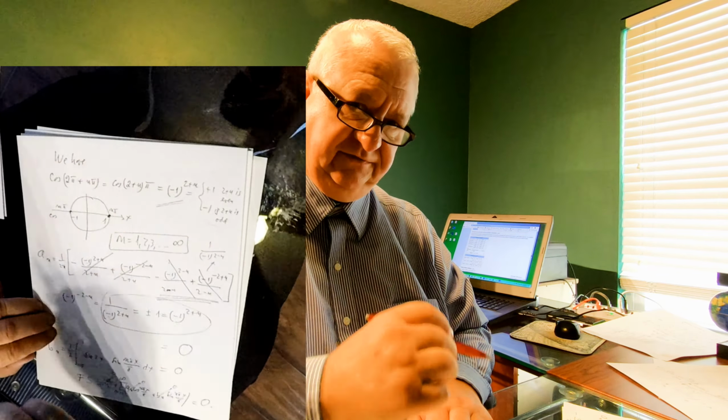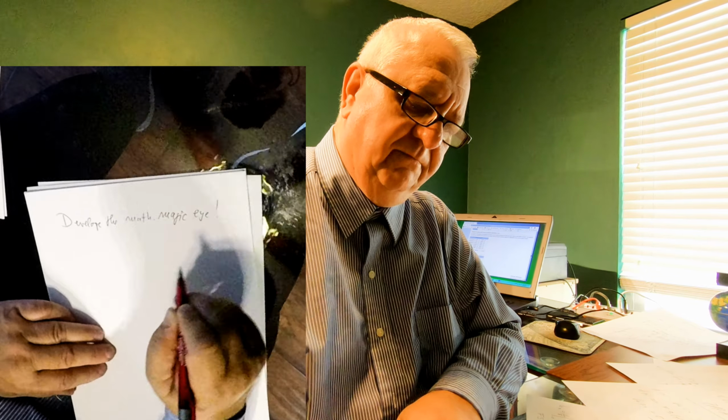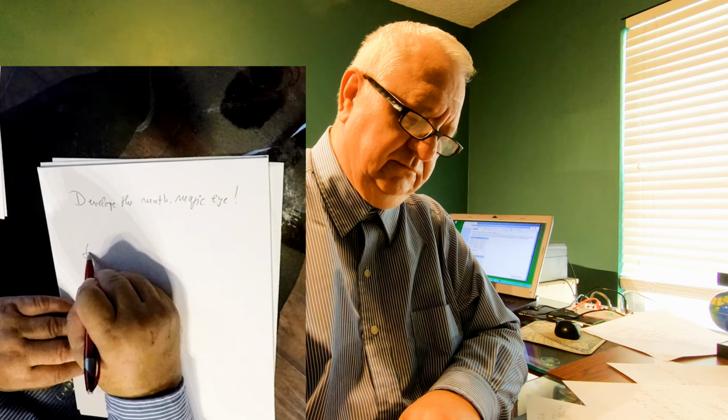How do you know this? Well, I want you to develop the magic eye. That's the goal of this little exercise. Please develop the mathematical magic eye. Whenever you build formulas, you calculate formulas, and you have expression over expression, always check that the denominator is never 0.